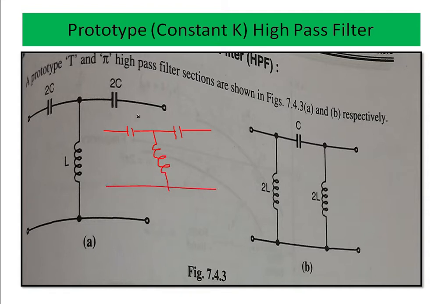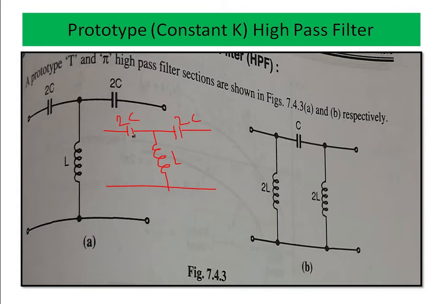So this is the series arm impedance and the shunt arm impedance, and here is the prototype T section of the high pass filter, where the capacitor will be connected in series. In the high pass filter, there is 2C and here L. So this diagram is indicated as the prototype T and pi high pass filter sections.